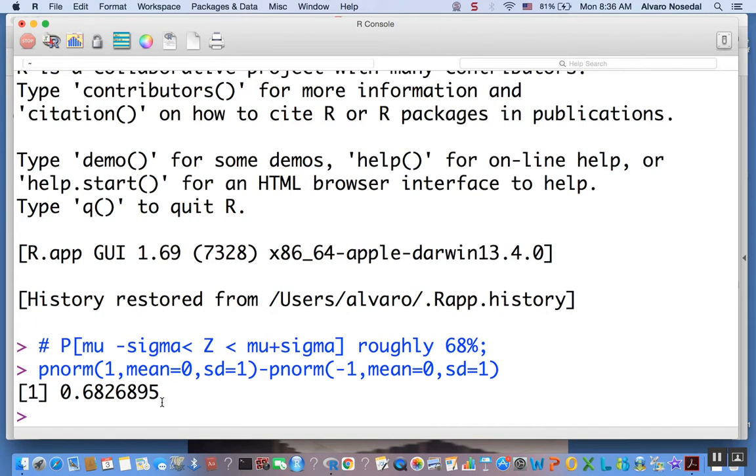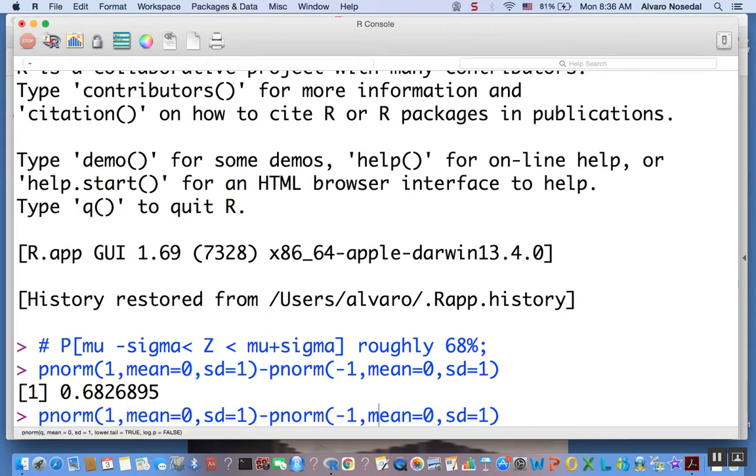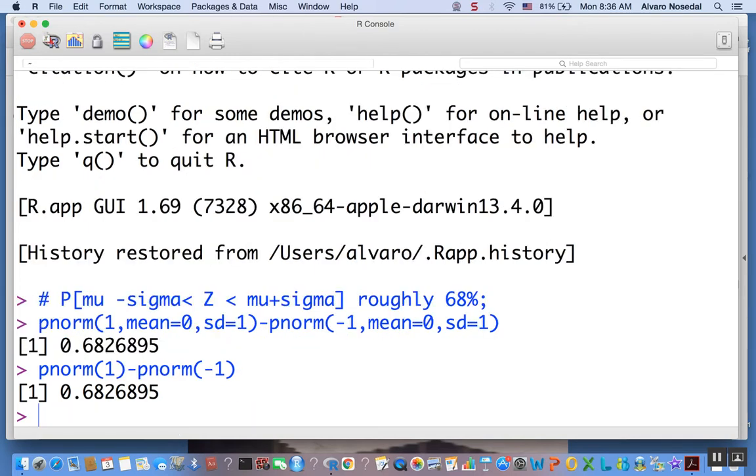Now note that you could just do it like this. Since the default is a standard normal, you could find that proportion that you are interested in just like this. Let's test the second part of the 68, 95, 99.7 rule.